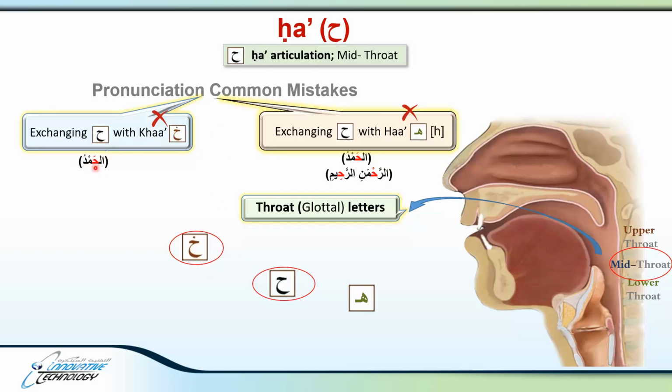So they would say al-Khamdu, ar-Rakhman, ar-Rakhim. This is wrong, and the proper way is to say Alhamdu, ar-Rahman, ar-Rahim. So please learn the Ha from the mid-throat, differentiated from the other ha, which comes from the lower throat, and from the Kha, which comes from the upper throat.